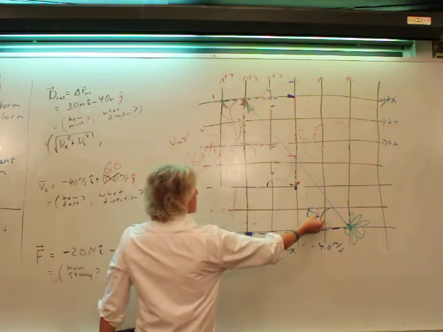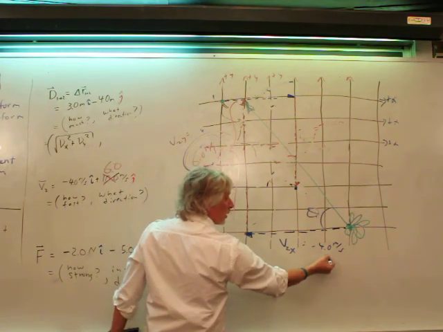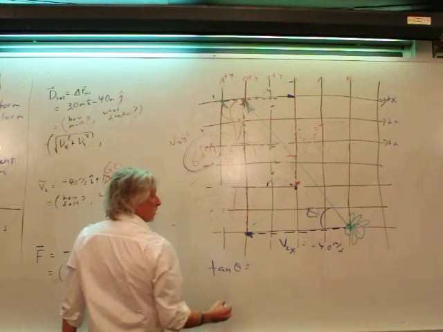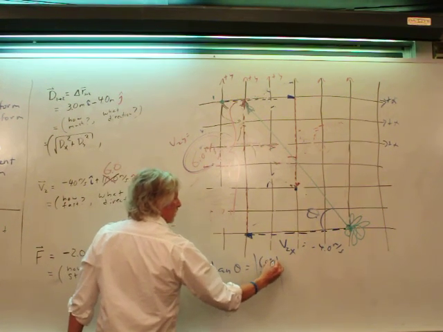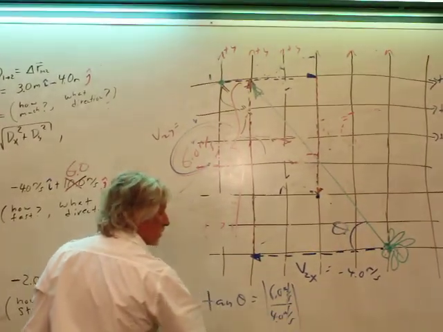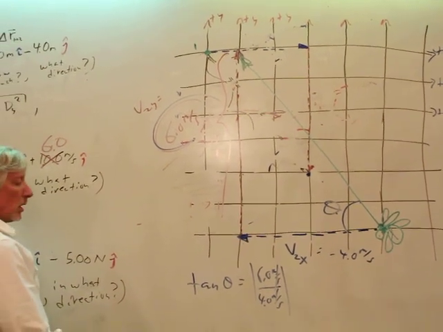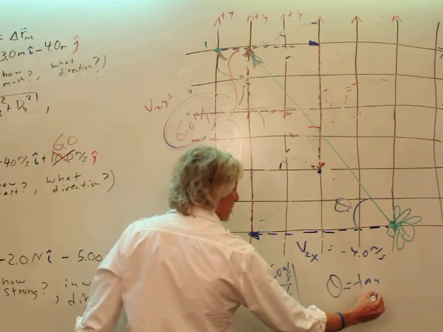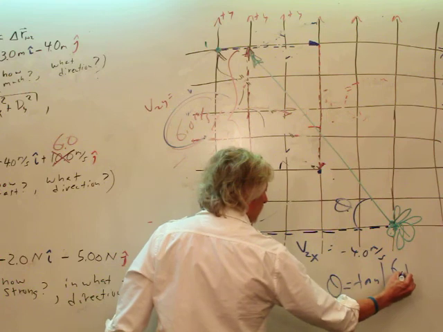The tangent of this would be 6 over 4. Tangent theta equals meters per second over 4 meters per second. Use the absolute value. You see the units go away. It's 6 over 4. So what's the angle? The angle is the inverse tangent of 6 over 4, 6.0 over 4.